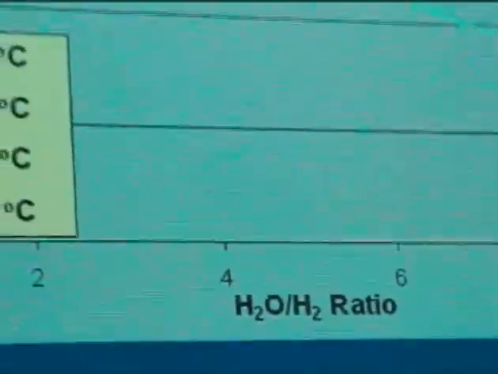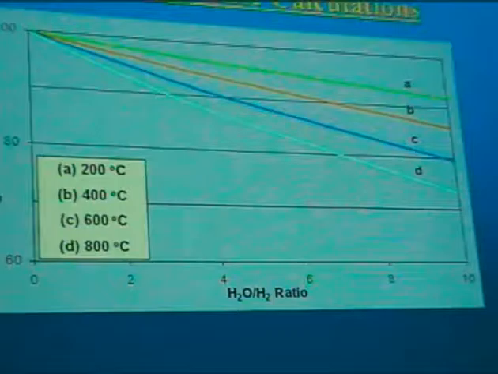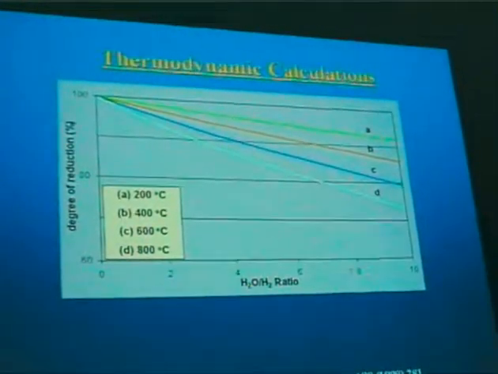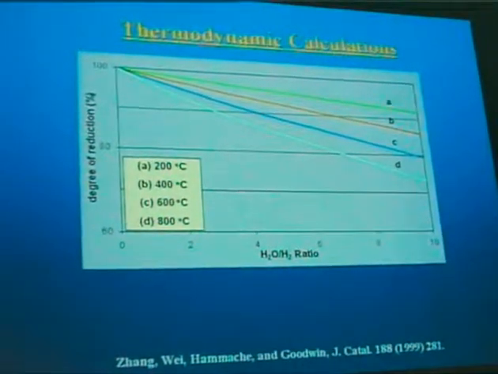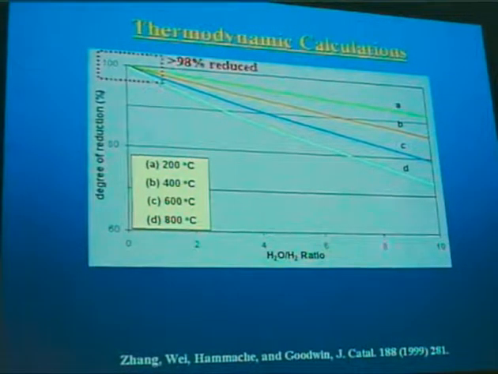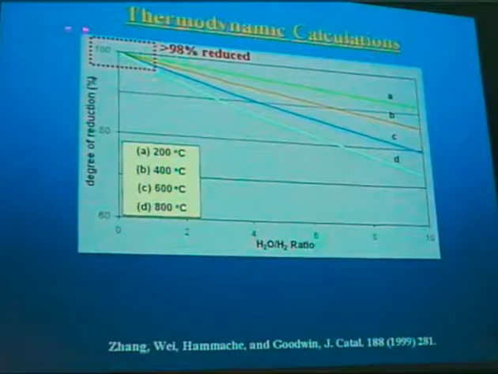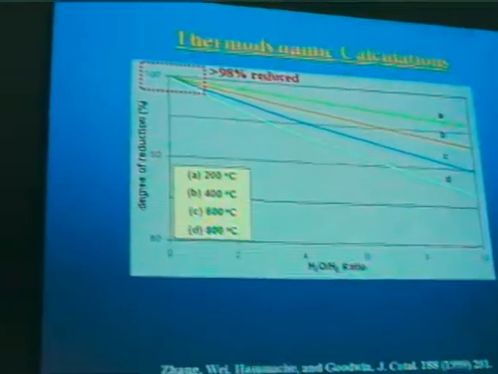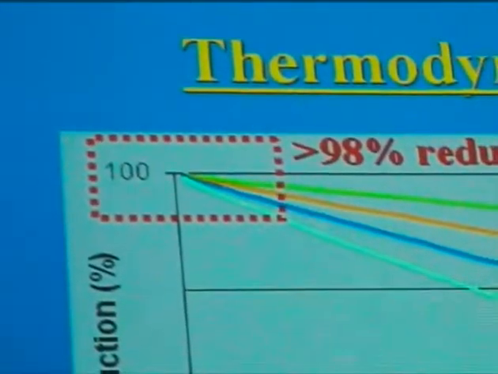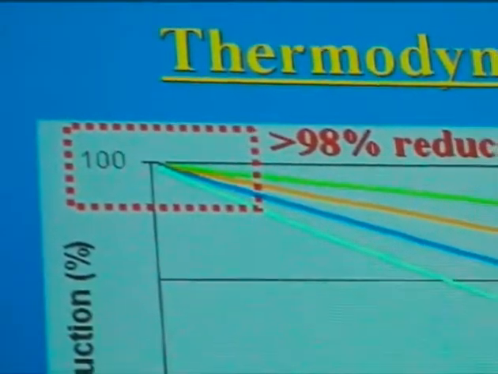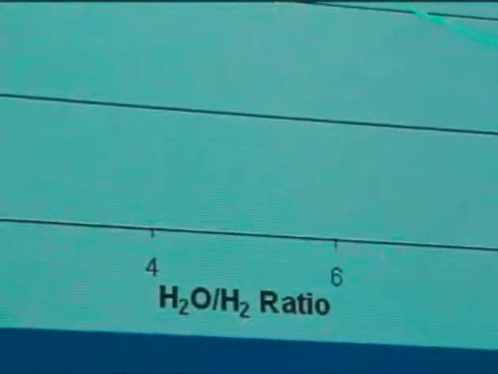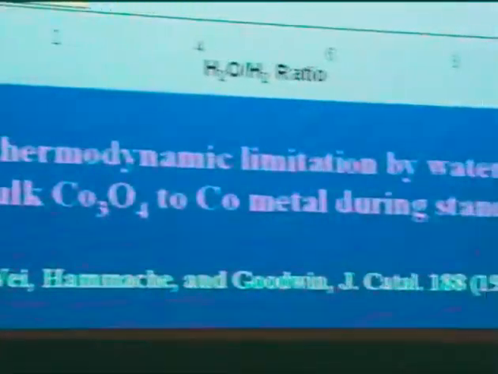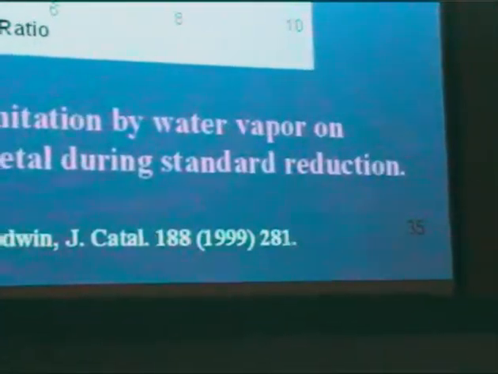Of course, the bigger the quantity of catalyst you're reducing, the greater the concentration of water exiting that reduction reactor, however you're doing it. But you're always going to be up here, and the catalyst will be 98% reduced, because it's easy to reduce cobalt oxide to cobalt metal. So there's little thermodynamic limitation by water vapor because of cobalt.